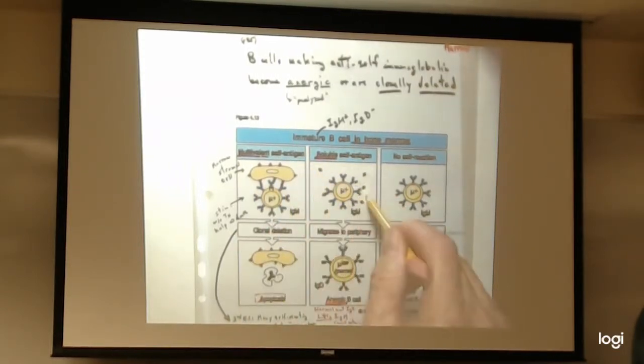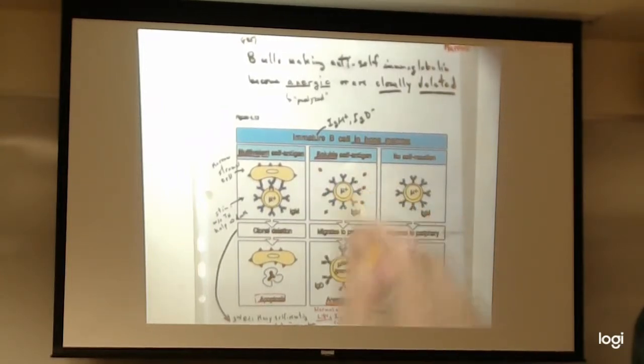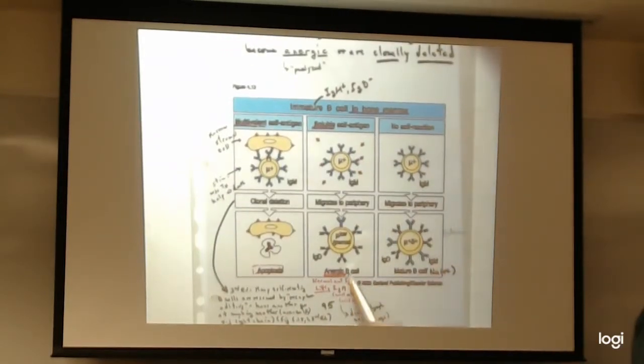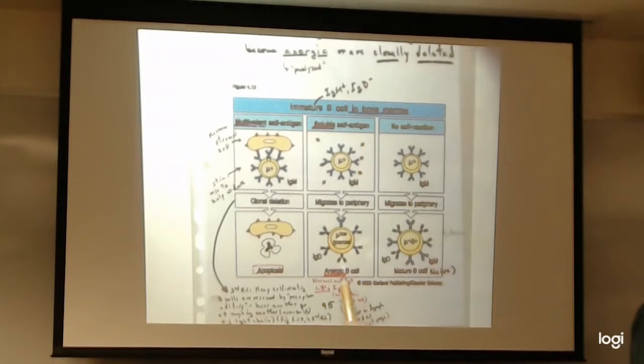It's more like individual IgMs will bind a protein here, and that doesn't lead immediately to programmed cell death. It makes this cell become, and the word used here is, anergic. Okay? And the word anergic means basically paralyzed. It can't do anything.